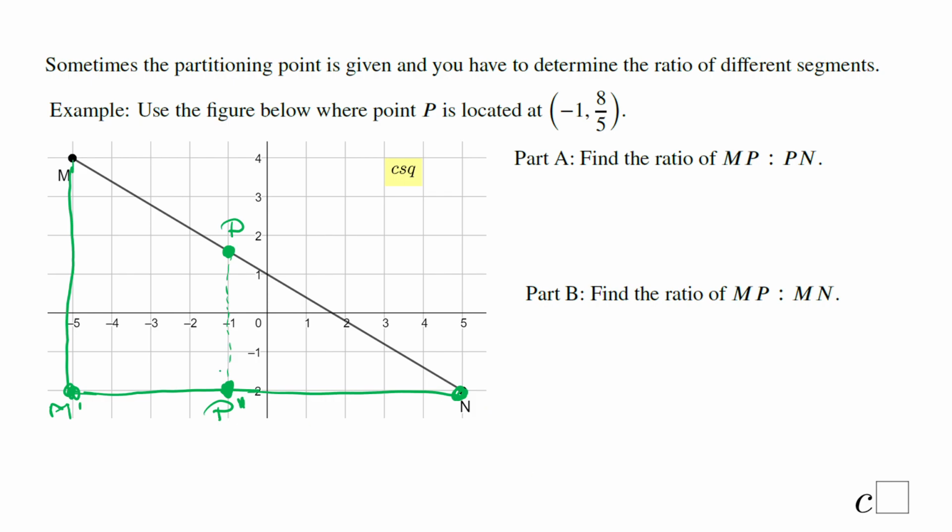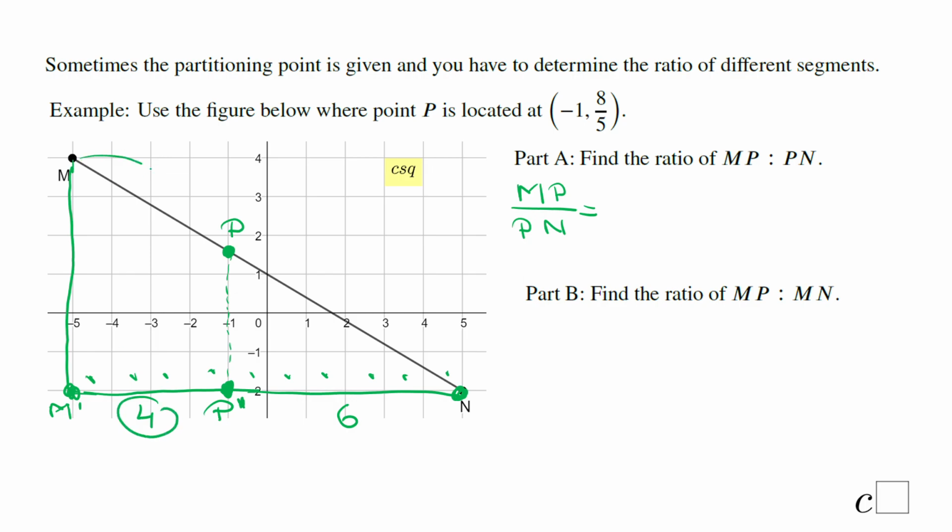And let's count now. 1, 2, 3, 4. This is 4 units. 1, 2, 3, 4, 5, 6. This is 6 units. So MP over Pn is going to be this 4, right?